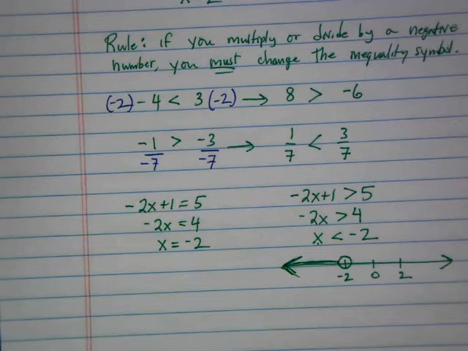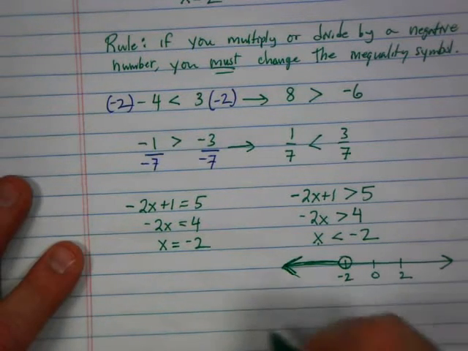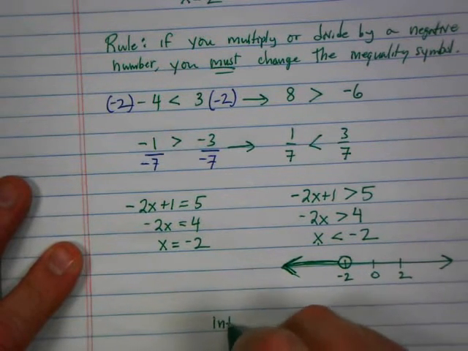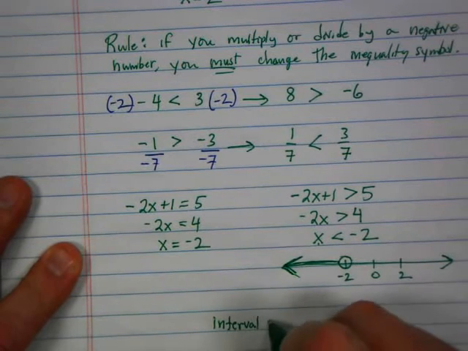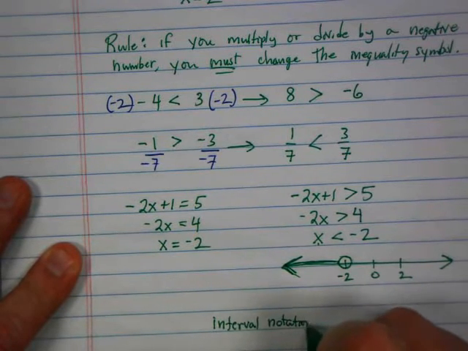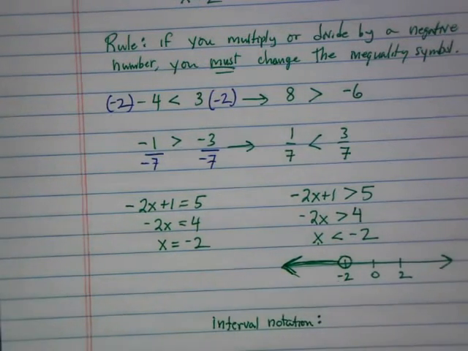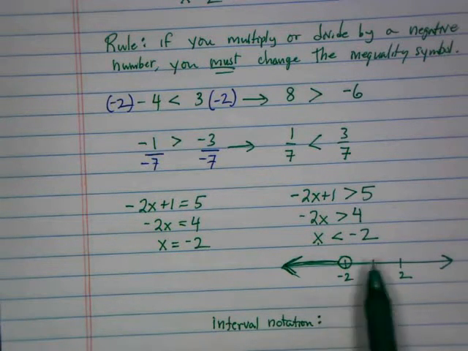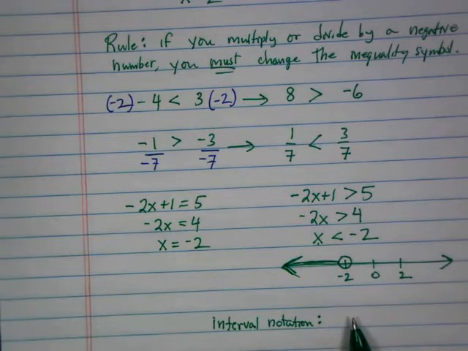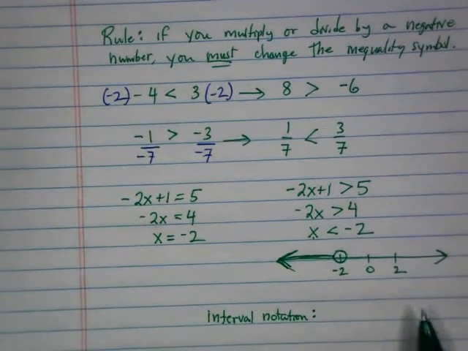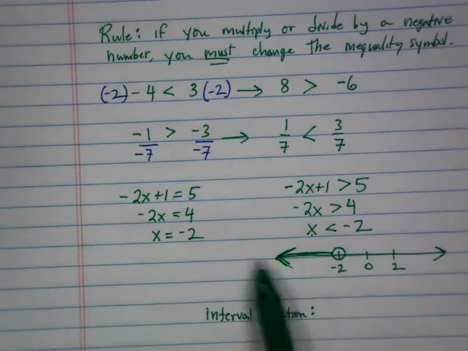The other thing you're going to be asked to do is write your answer in what's called interval notation. Here's the way interval notation works. You look at your answer. You're going to write two things: your smallest thing and your biggest thing. Shaded here, how far left does this go?